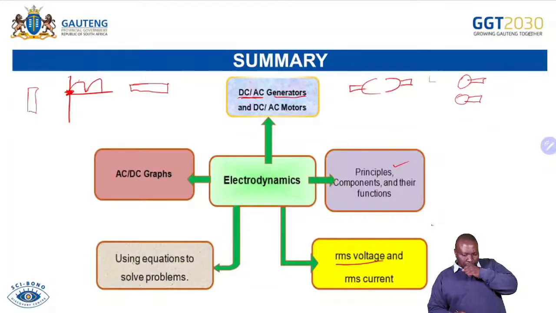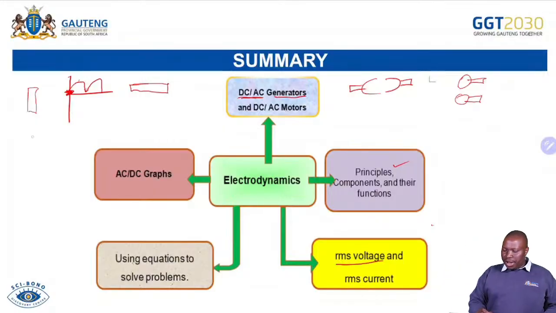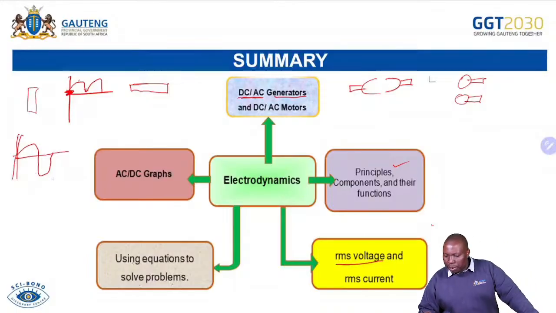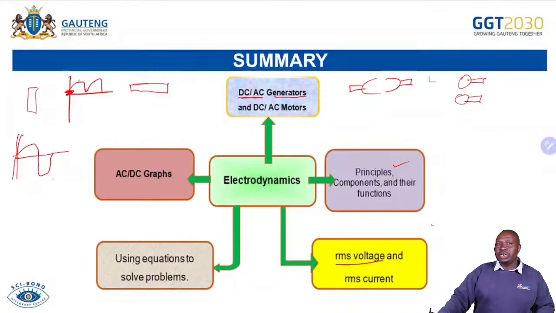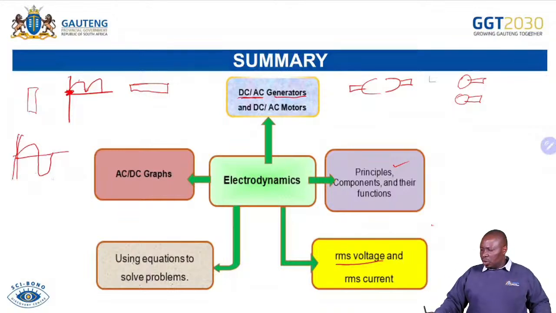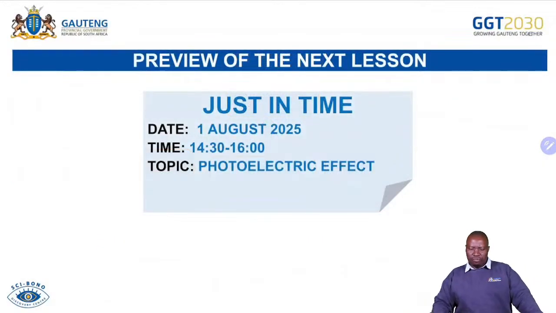And then that is for DC. For AC, we said it will alternate between the positive and the negative. It periodically changes direction. That's what we have done in this lesson, and I'm hoping we've laid a firm foundation that will lead to you having much proper conceptual understanding of this topic.